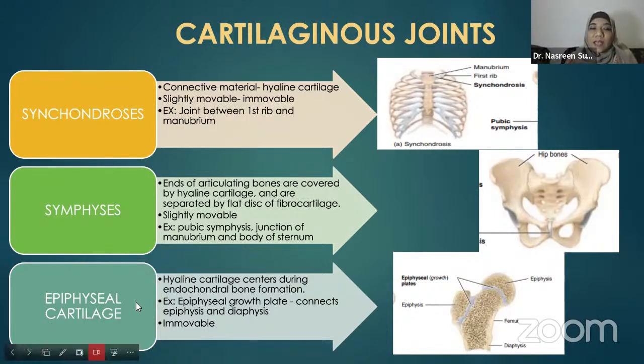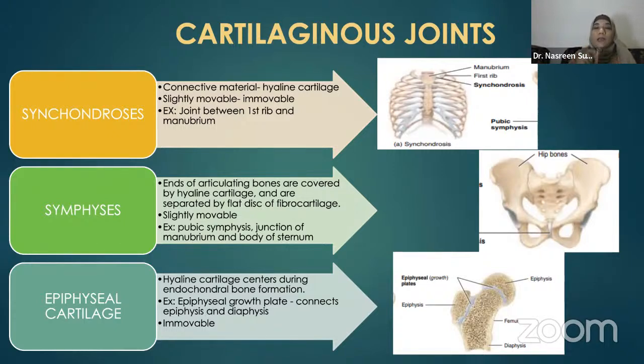Now coming to the last one, epiphyseal cartilage. When you have studied about the structure of a long bone, you might have seen diaphysis is the long shaft. Then on the ends you will find epiphysis. There is a point between epiphysis and the diaphysis which is called as epiphyseal plates.